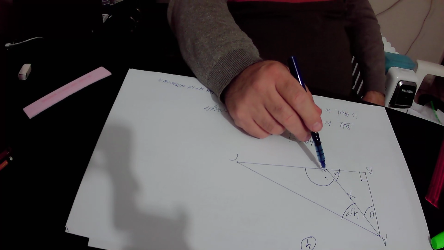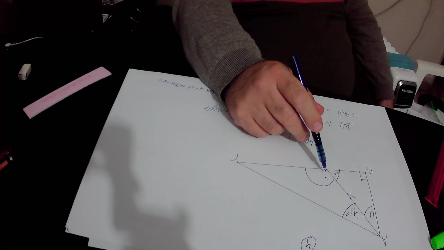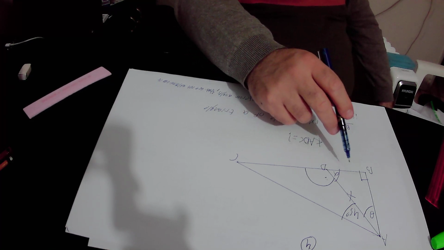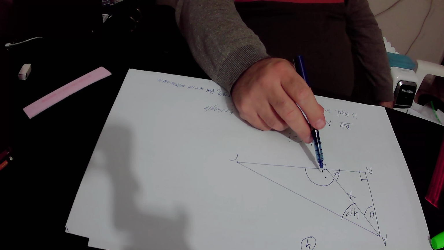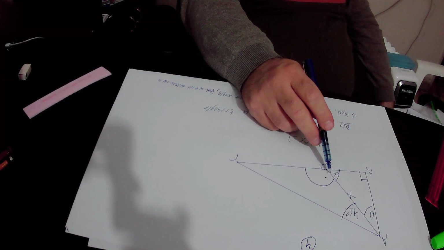So according to the rule that is stated, the value of this external angle is equal to the sum of the two interior angles of triangle ABD that are not adjacent to it. Angle alpha is adjacent to this angle ADC. Those two angles are adjacent to each other.